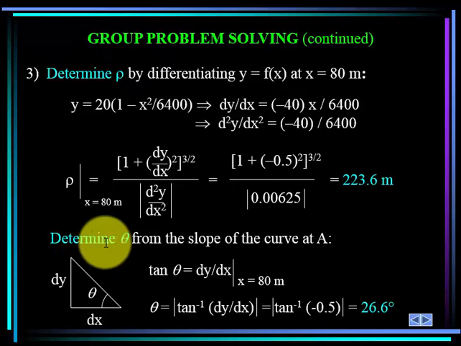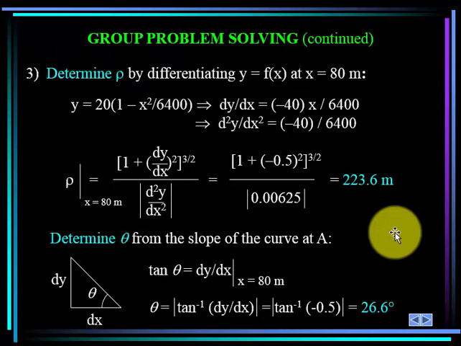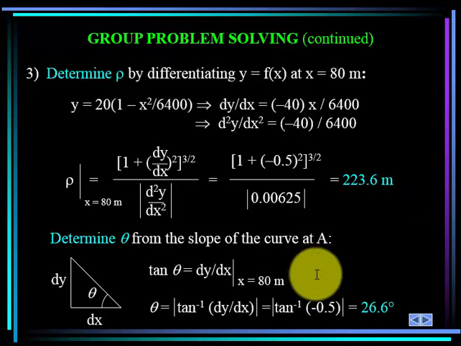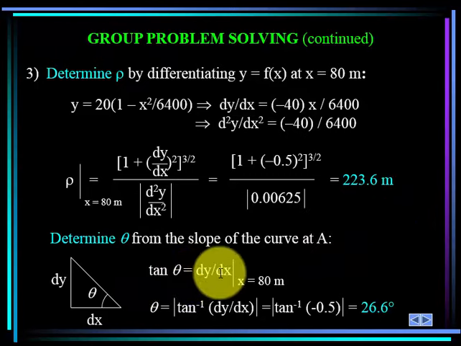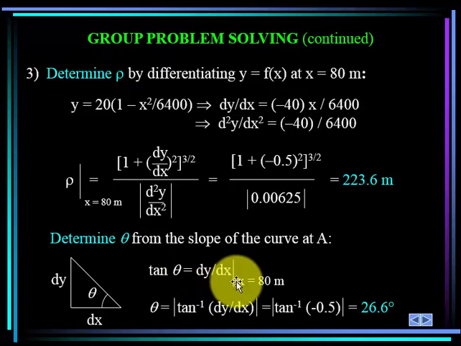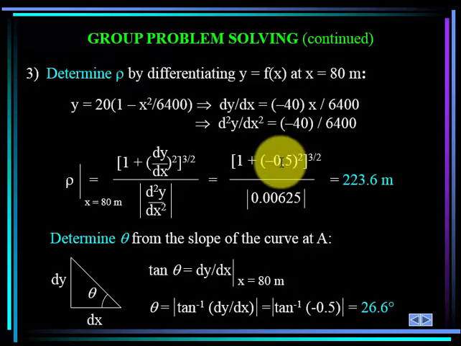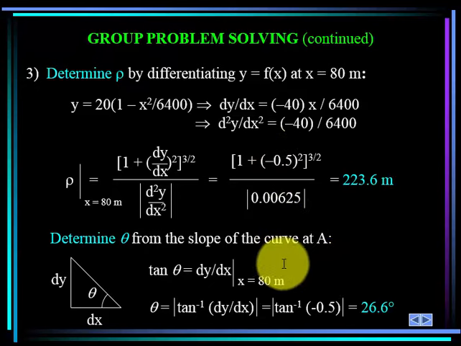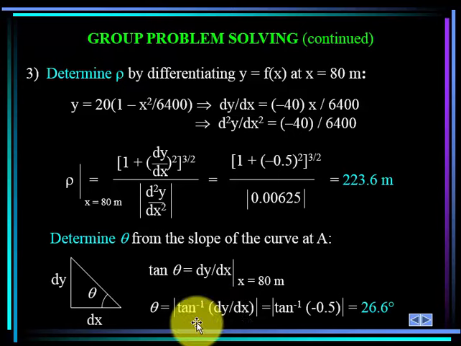Now we want to know the angle of the slope of the curve from the horizontal, and of course the slope of a curve is dy dx, but dy dx is the tangent of the slope angle. So we'll take dy dx at x equals 80, and that value was apparently 0.5, we saw that up here. And then we will take the inverse tangent of the negative 0.5, sorry, not a positive 0.5, inverse tangent of the negative 0.5.